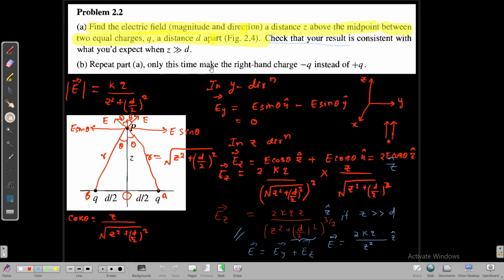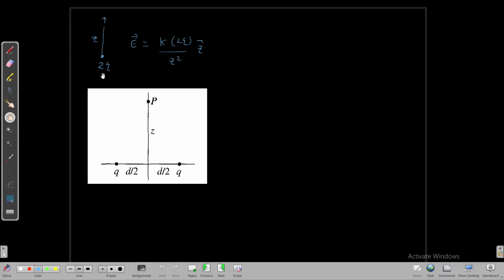Now in this case, let me see the problem. Repeat part A. Only this time, we have to change the right hand charge to minus Q instead of plus Q. So let us go forward. This is the right hand charge, this is minus Q. Let me change the color and make it a bit darker.